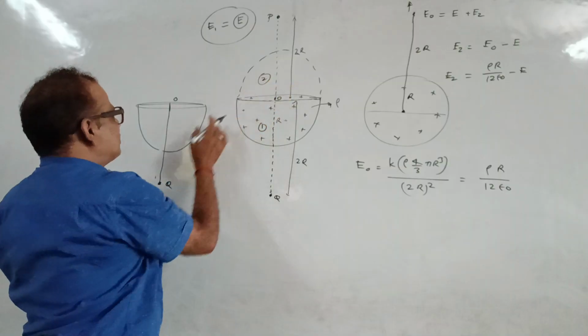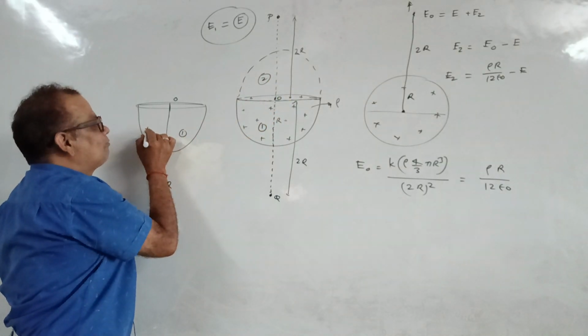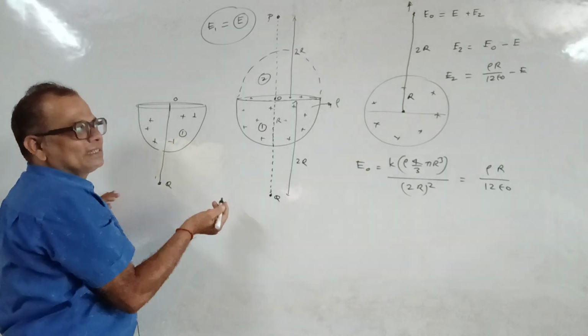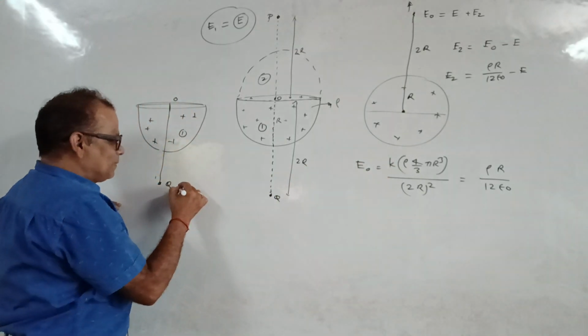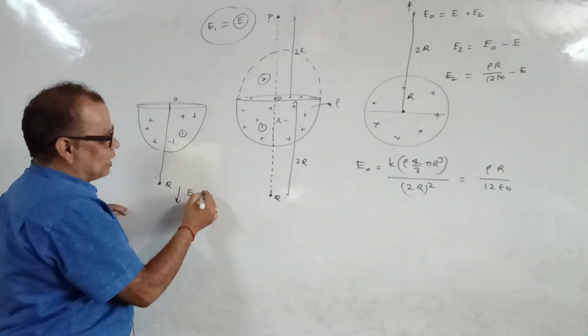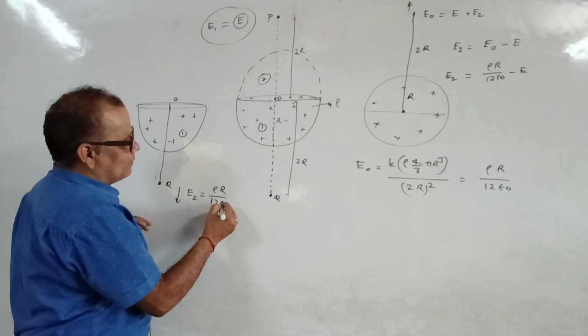So this situation is similar to the situation of one hemisphere just below the point. So this is also E2, and this will be downwards. E2 is already found, so the answer will be rho r upon 12 epsilon naught minus E.